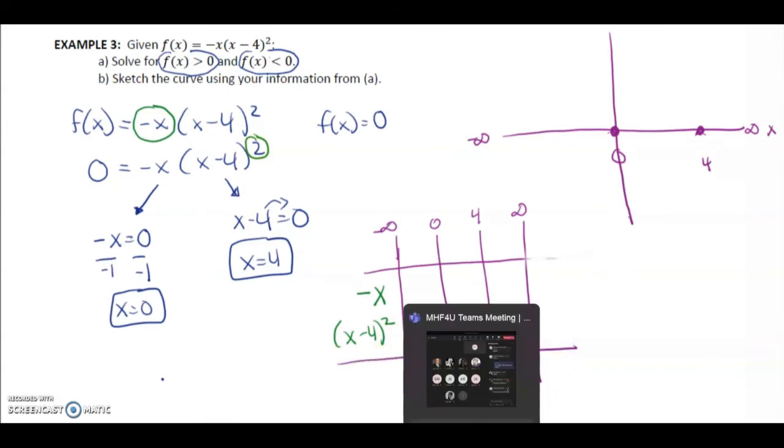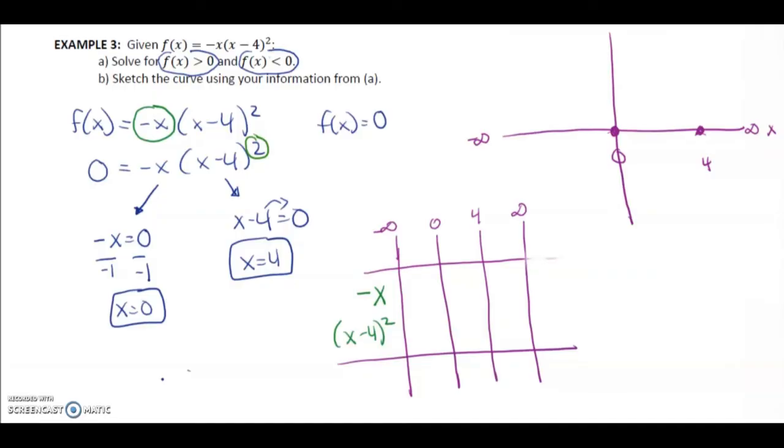Think about this: what is going to be the sign of anything squared? Anything squared is going to be positive. We don't even have to test these numbers. We go all the way across and say, okay, positive. It doesn't matter what's in this bracket, it's squared. So now all we're really doing is testing the numbers in -x.